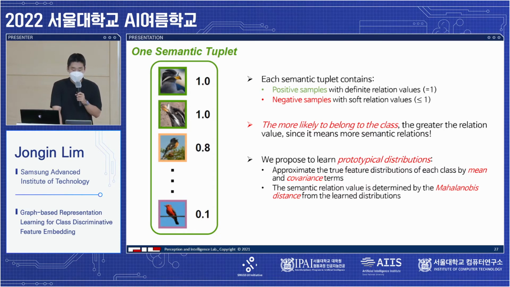To achieve this, we propose to learn prototypical distributions which approximate the true feature distributions of each class. Specifically, we formulate each distribution to be modeled by a mean and covariance, where the mean represents the class prototype and the covariance represents intra-class variations. Then, the semantic relation value is determined by the distance between the sample and the learned prototypical distributions.